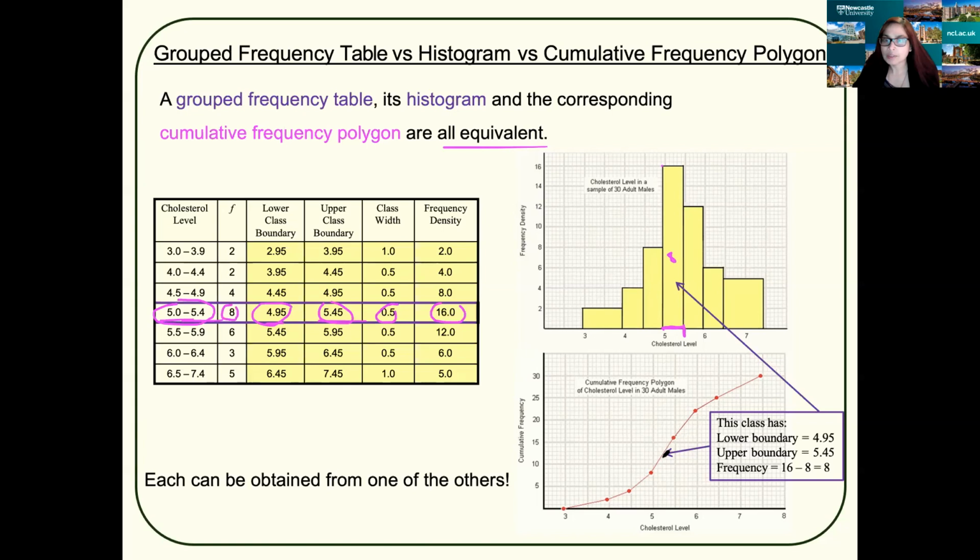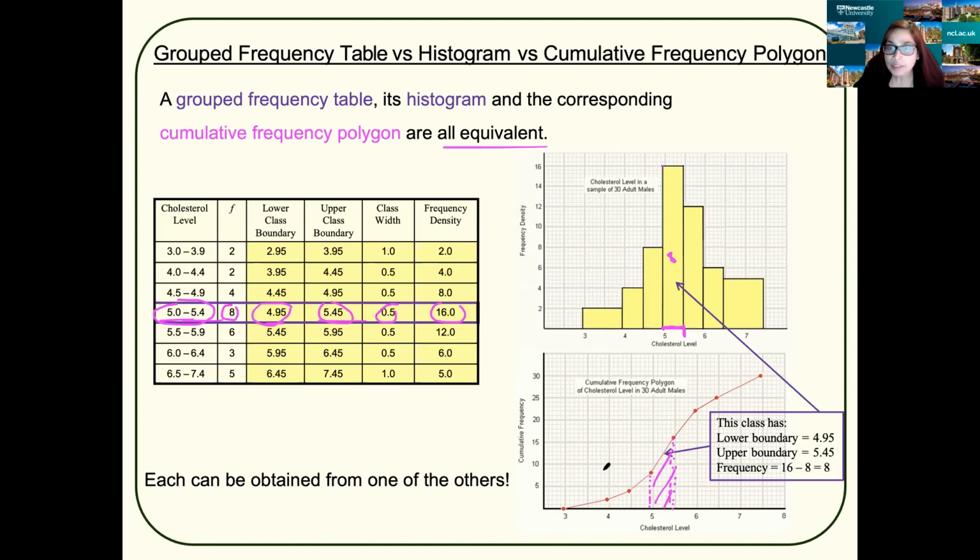Let's look at the frequency polygon for the same class. See, this class has lower class boundary 4.95 and the upper class boundary is 5.45. It should be here, in the center, guys. Be careful. So that is the class boundary we are talking about here. And look at the value here, the frequency.